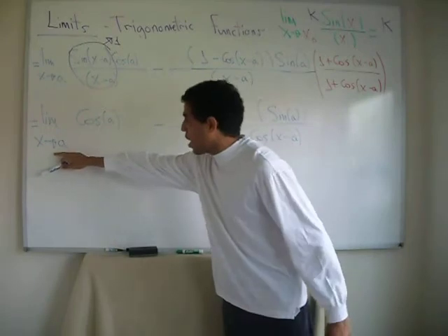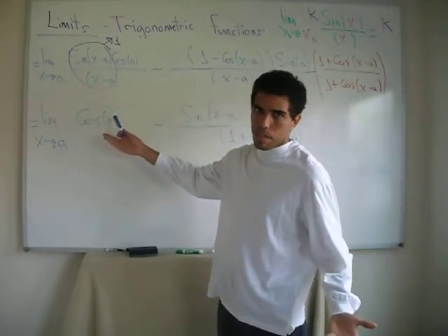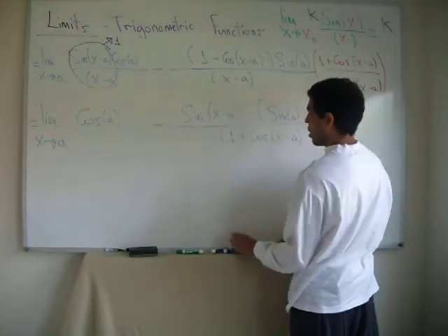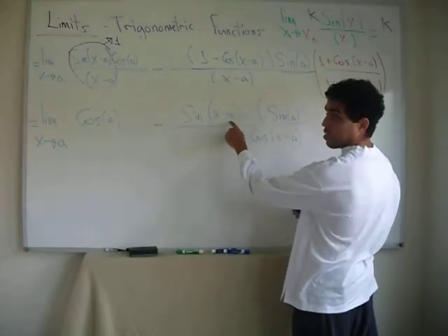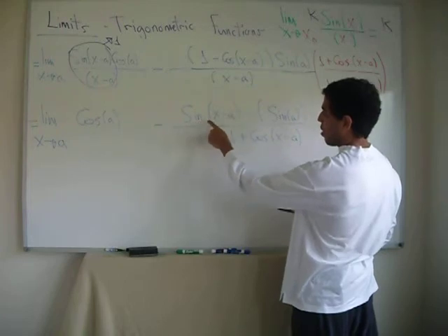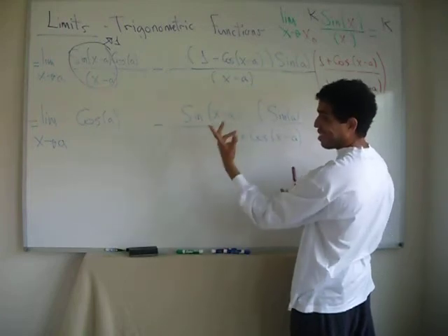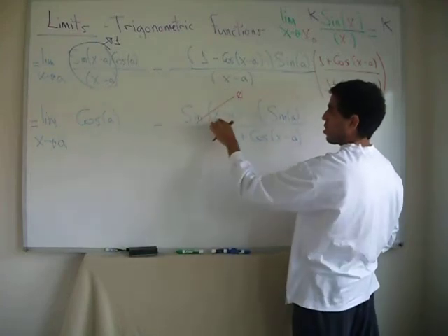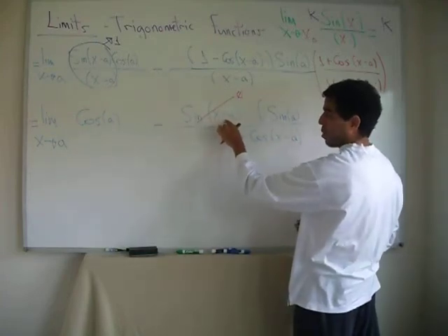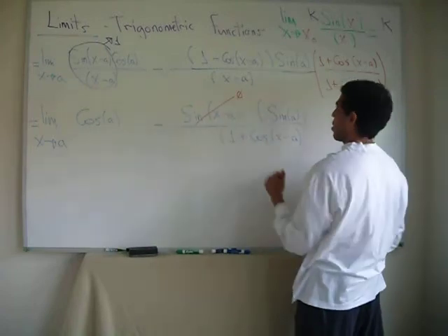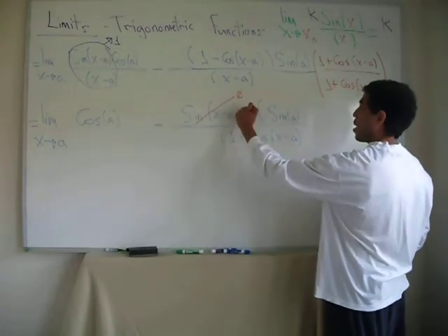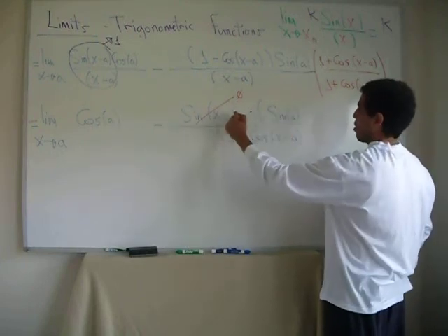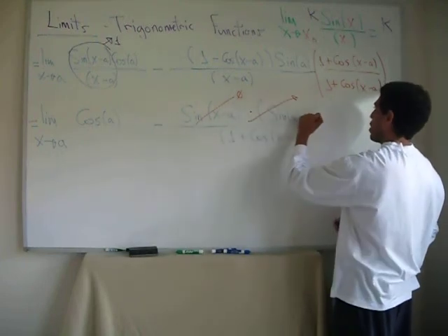When x tends to a, cos of a stays the same as a constant. When x tends to a, what happens here? Well, a minus a is 0. So sin of 0 is 0. Okay? This is 0. Again, when x tends to a, a minus a is 0. And sin of 0 is 0. Times sin of a. 0 times anything is 0. So right here on top, I'm going to have 0.